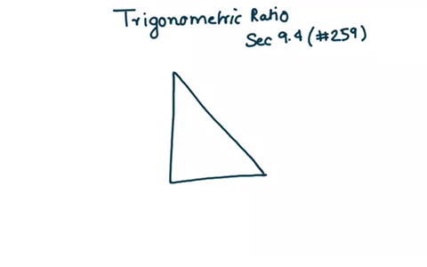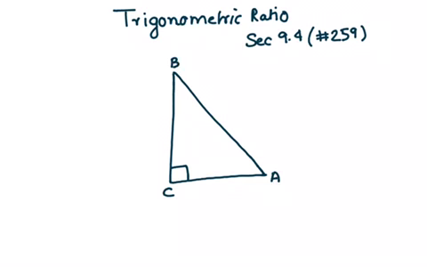This is my right triangle because this is a 90-degree angle, and I'm going to name it ABC. I start from here: A, B, and C. Whenever we find trigonometric ratios, we're supposed to find the ratios for acute angles. So it could be angle A, or it could be this one.